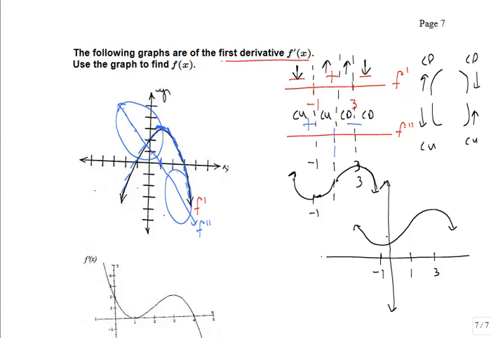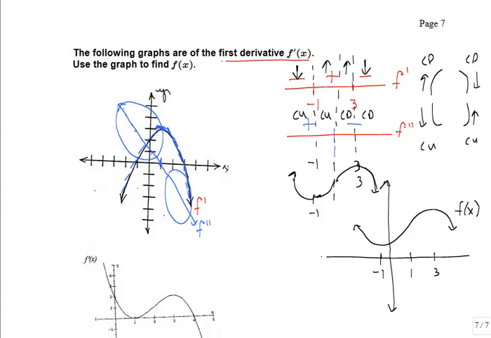So the best you can do on these kinds of examples is just show the general shape, but not necessarily with as much accuracy as possible, because we aren't told enough information to be able to plot exact points. So this is the shape of our original function, f of x.